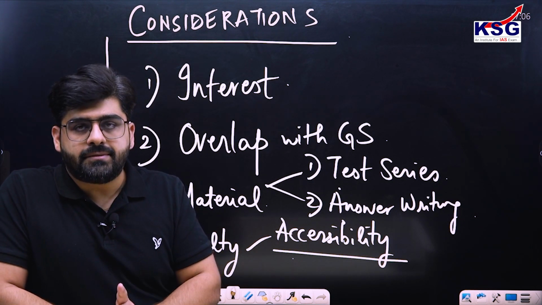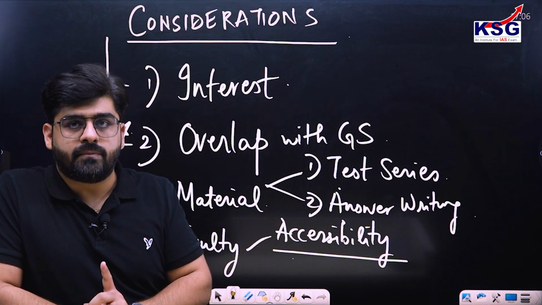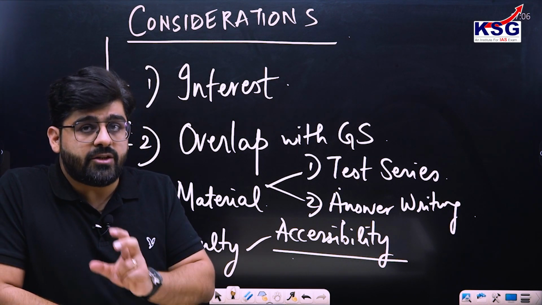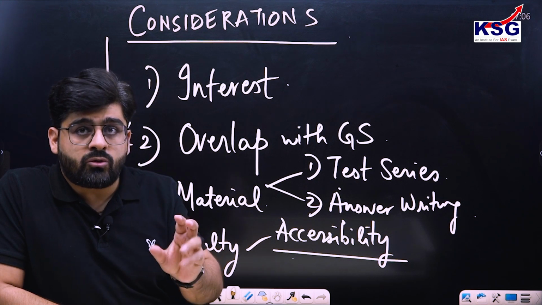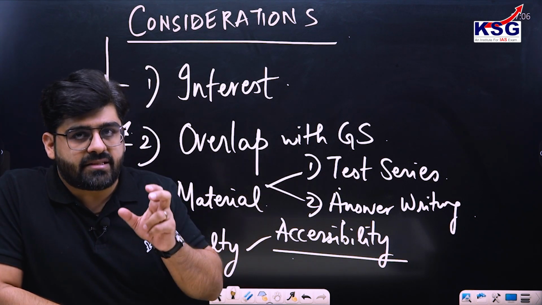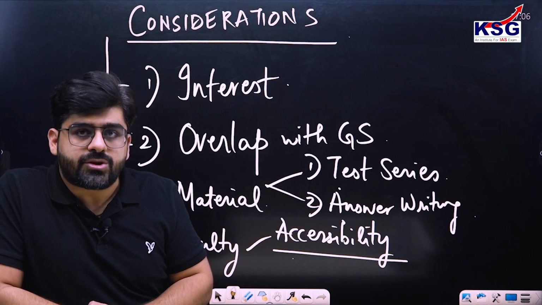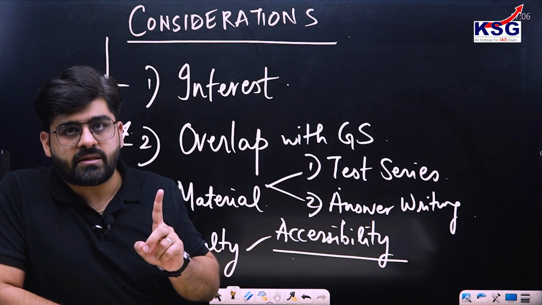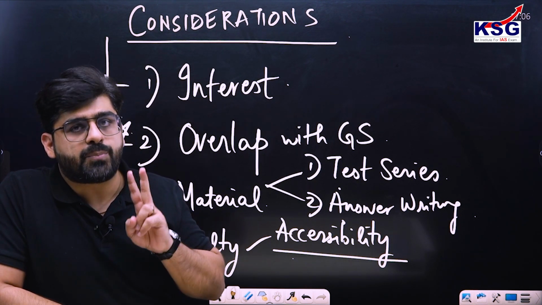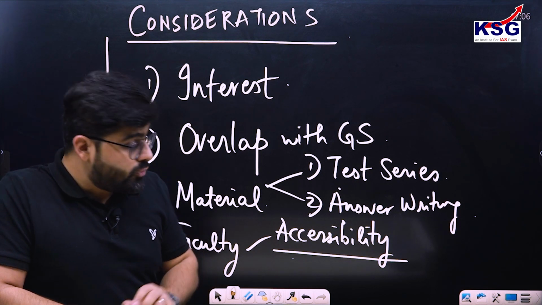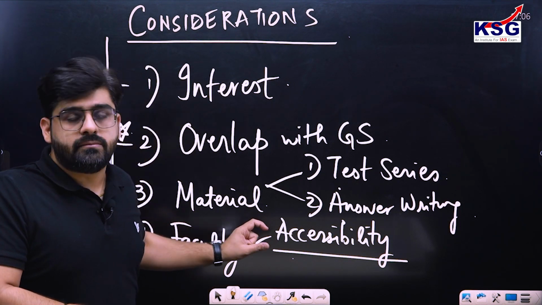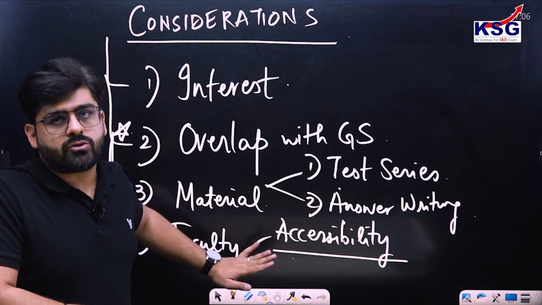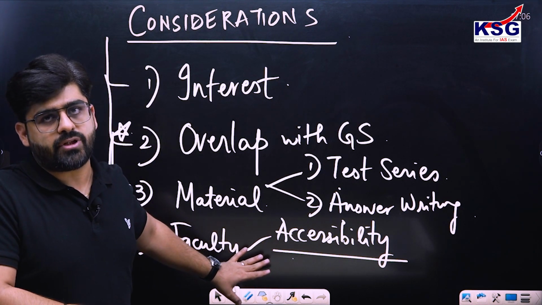At that moment, whether the faculty is available, whether the faculty is accessible to you, and whether you can reach out, solve your doubts, and get back to studies, that's a very important consideration in optionals, simply because you have to go for in-depth analysis, and second, the subject may be absolutely new to you. So you will need that hand-holding aspect, and that should be available. This is also a very important consideration while choosing an optional.